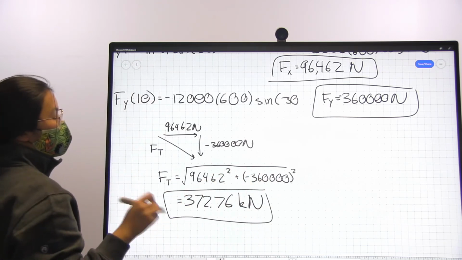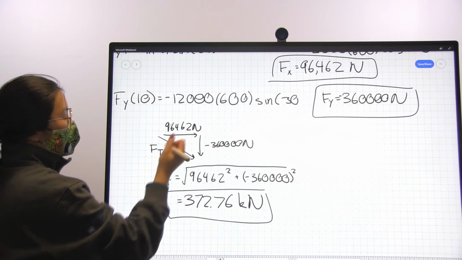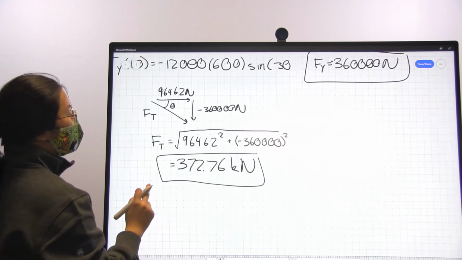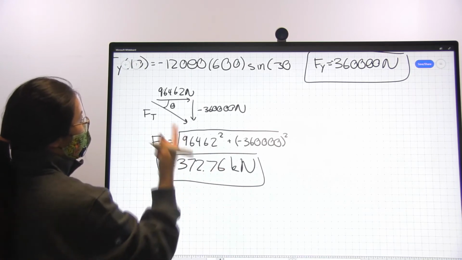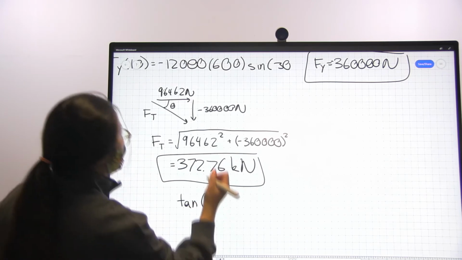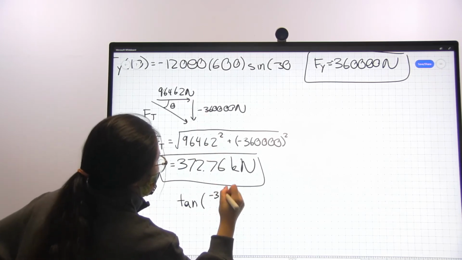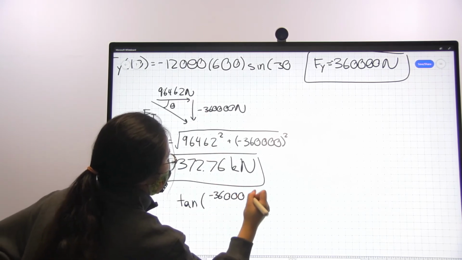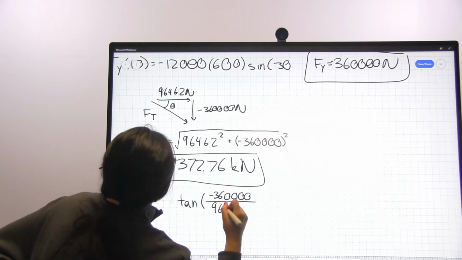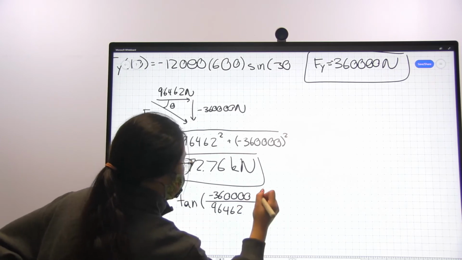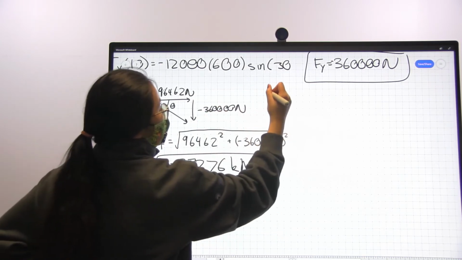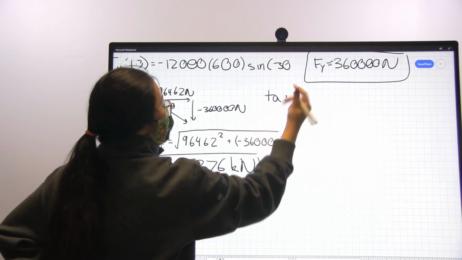Now we also have to find the angle that this is headed in. And so if you just put a little theta to the horizontal, we can use more trigonometry. This is the tangent function. So tangent of negative 360,000 over 96,462. And that's just like we were talking about before, TOA.